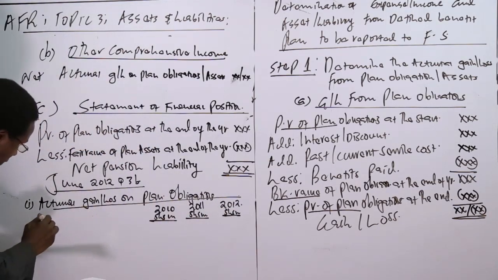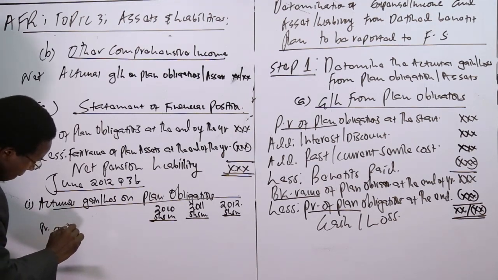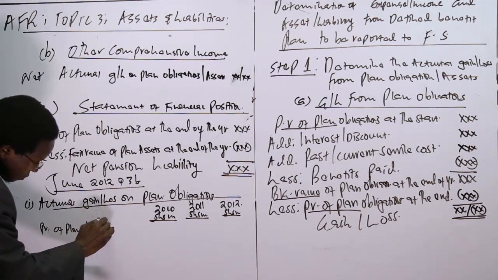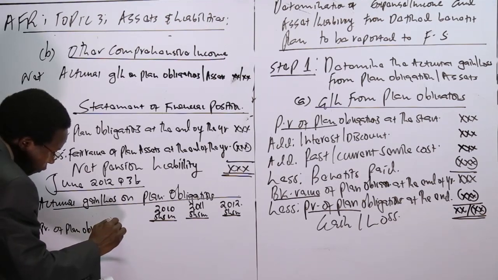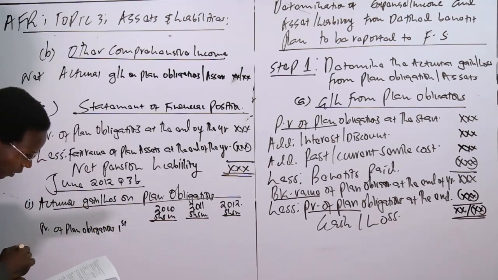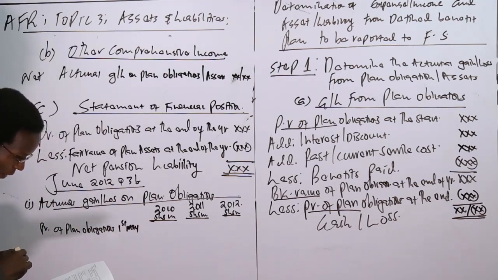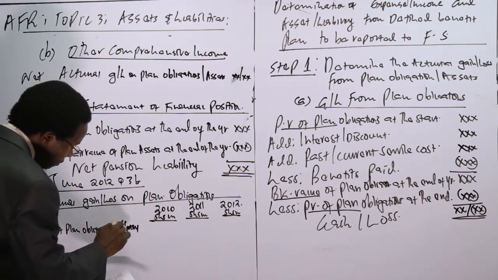So we start by saying the present value of plan obligations as at 1st May, it must be 1st May 2010 at the beginning.